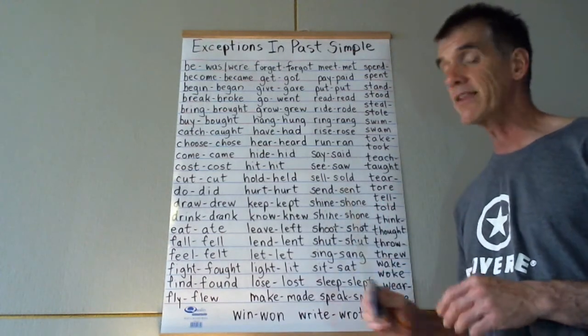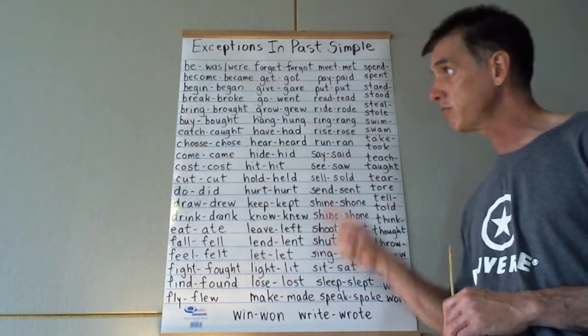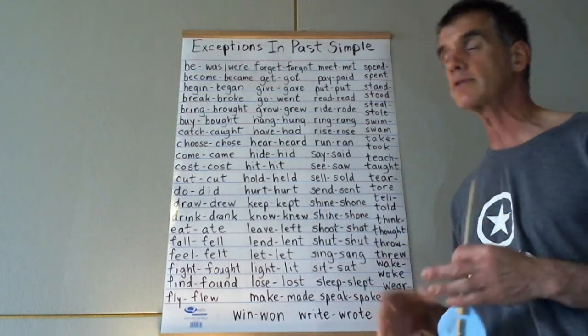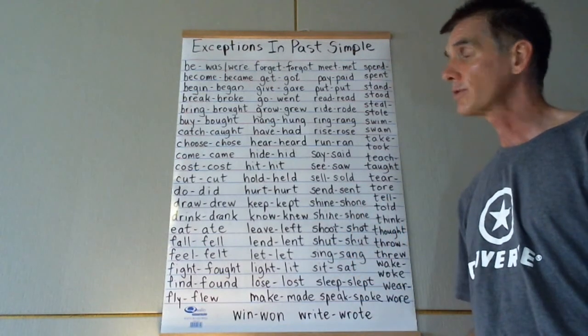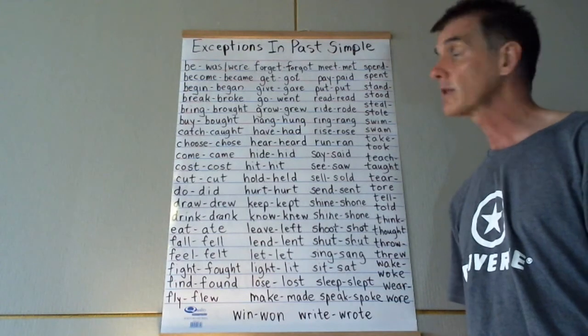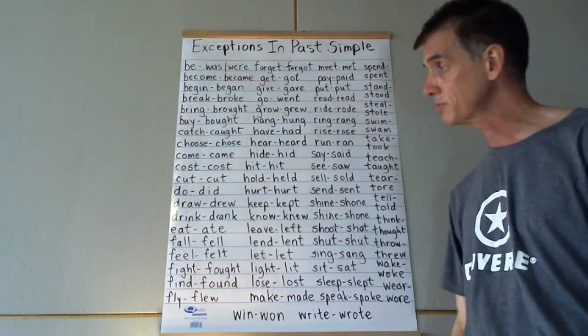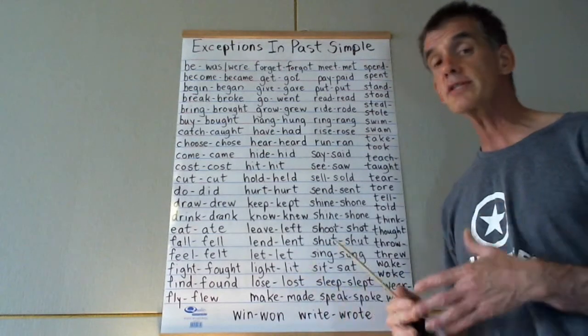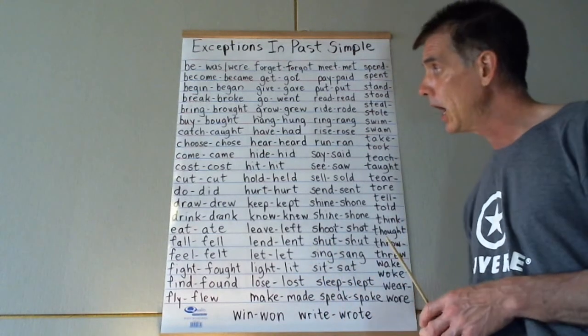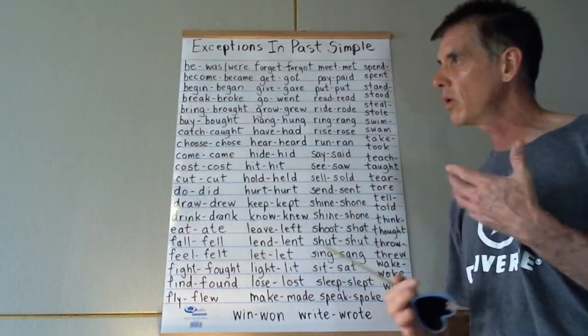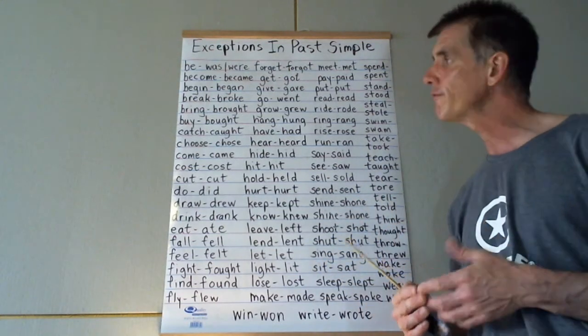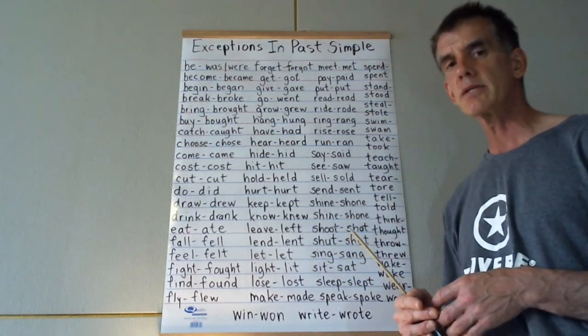All right. So again, those are irregular verbs, of which you can see there are an enormous number. There's an enormous amount of irregular verbs in the past simple. These are many exceptions. And like I was saying before, these just have to be remembered. There's no hard and fast, simple rule for remembering these exceptions.